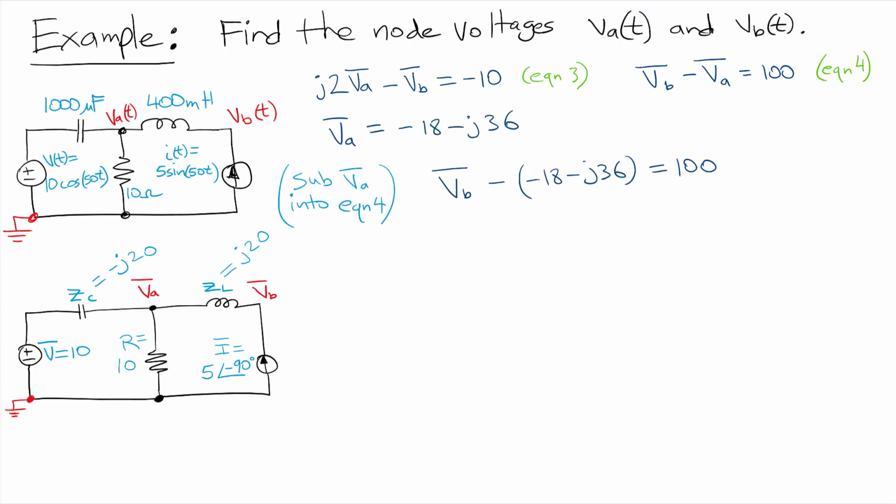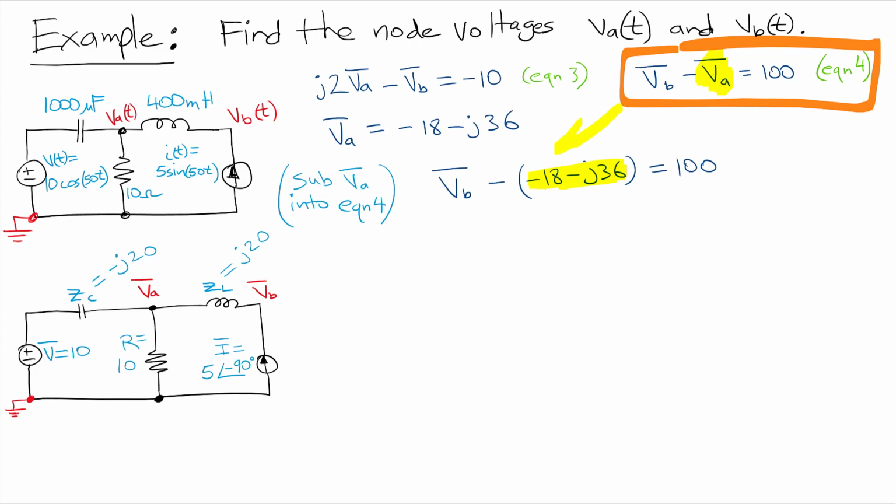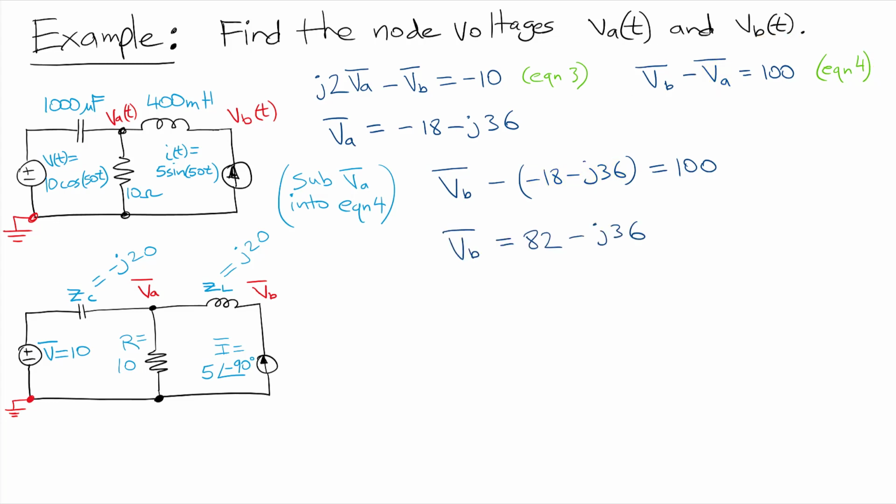So now, if we take equation 4 and plug in the value that we developed for VA right here, and then solve, this is the equation. So we're going to solve for this, and VB becomes equal to 82 minus J36.